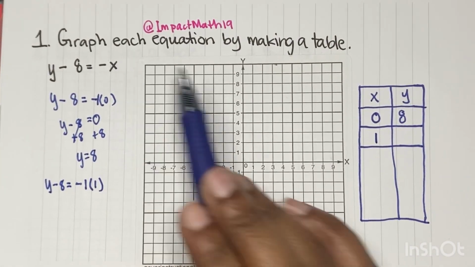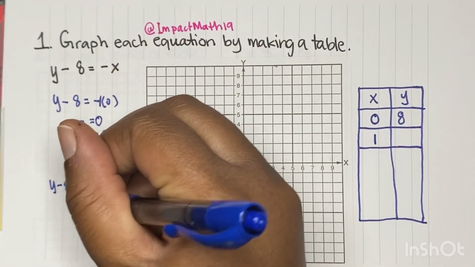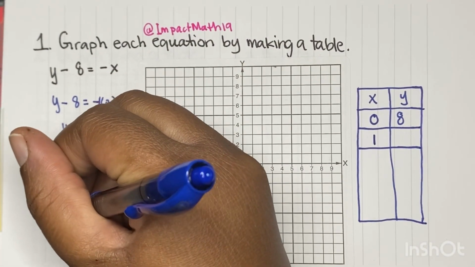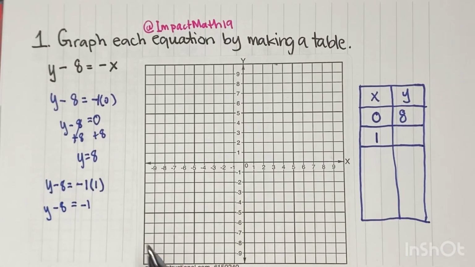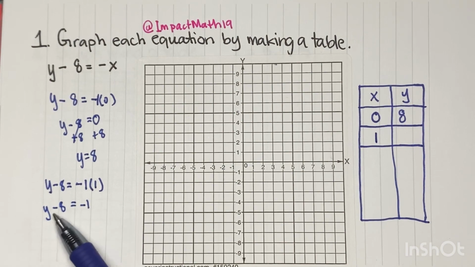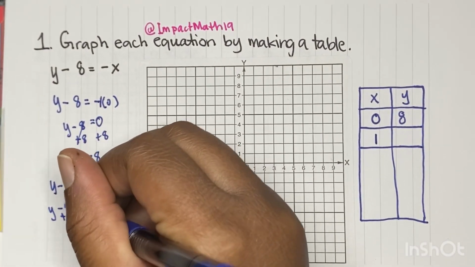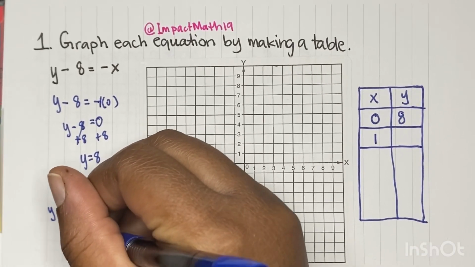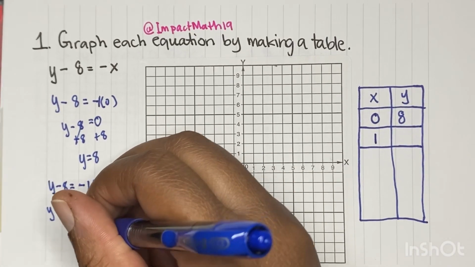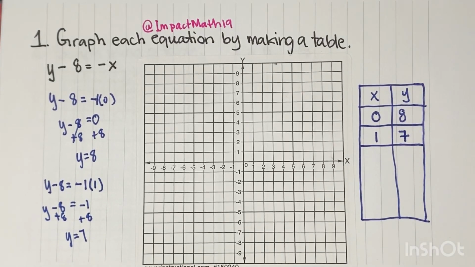And so we're plugging in 1 for x. So a negative 1 times 1 is a negative 1. And then y minus 8, okay, we drop that down. We're still going to add 8 to get it to the other side because we have to do the opposite of this minus. So we're going to add 8, and y equals 8 minus 1 is 7. So we get 7 here, okay?